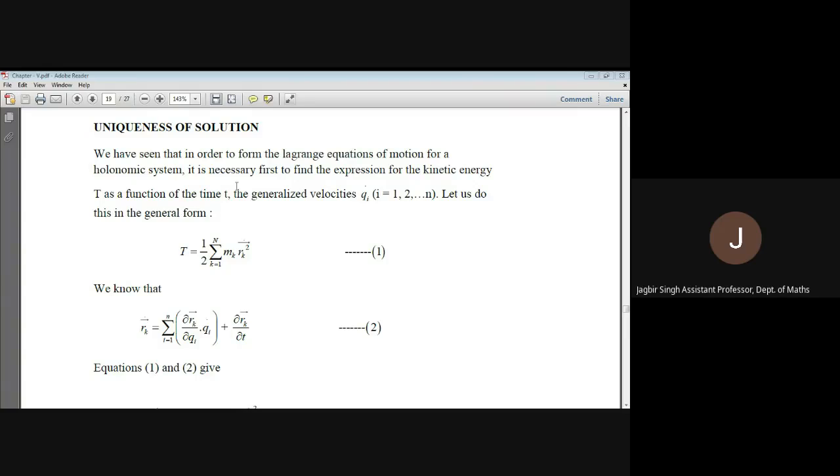So its derivative with respect to t will be the partial derivative of rk with respect to qi and then the derivative of qi with respect to t, that is termed qi dot. So it will be summation i from 1 to n, curly rk by curly qi, qi dot, plus curly rk by curly t. And now replace all the values of rk vector dot into equation 1.